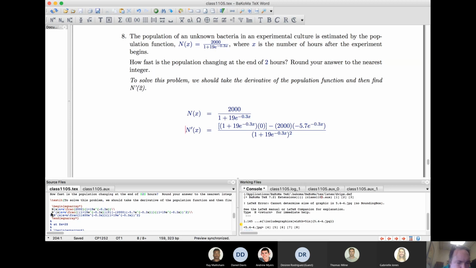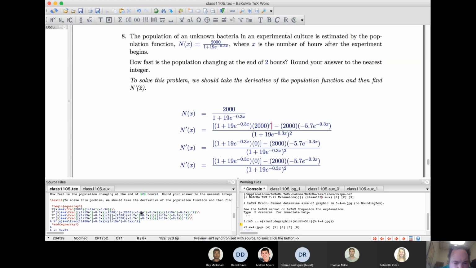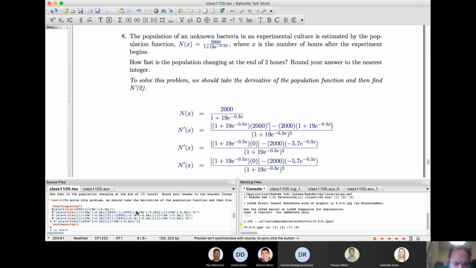So I'm going to add an intermediate step here. All right, so this is just what the quotient rule gives us. Bottom times derivative of top minus top times derivative of bottom.